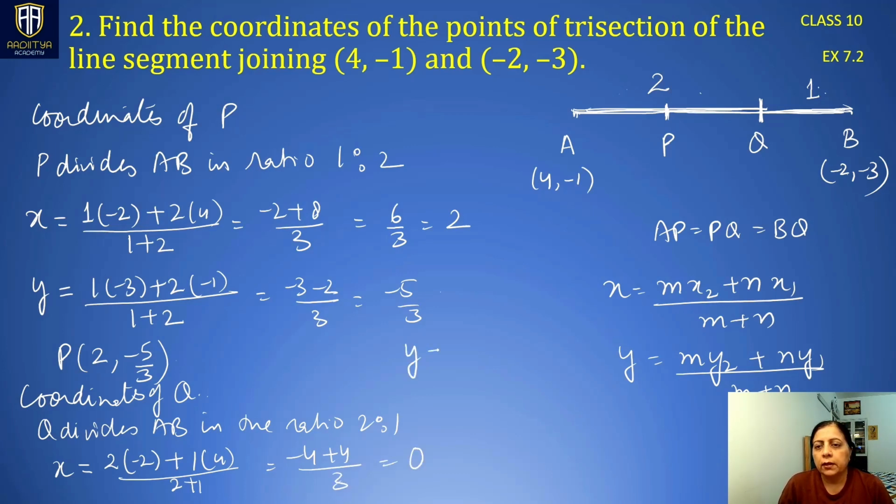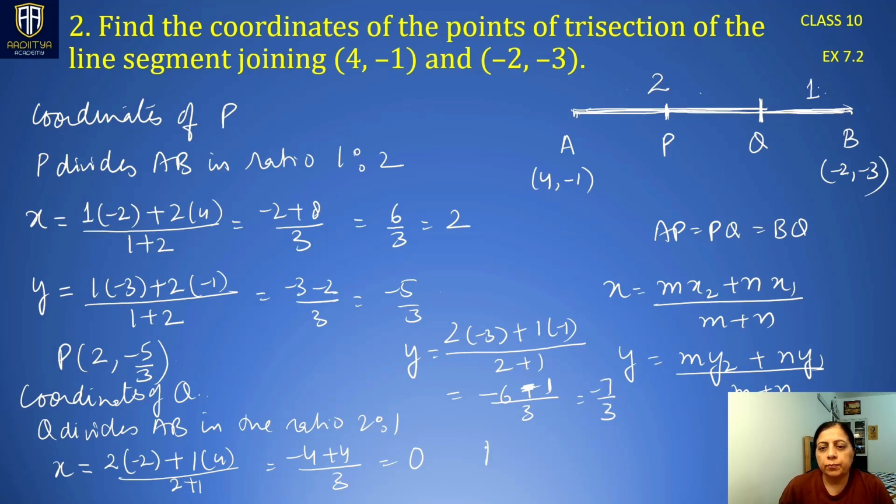And for Y, we have 2 multiplied by -3 added to 1 multiplied by -1 over 2 plus 1. So we have -6 added to -1 divided by 3, which is minus 7 by 3.